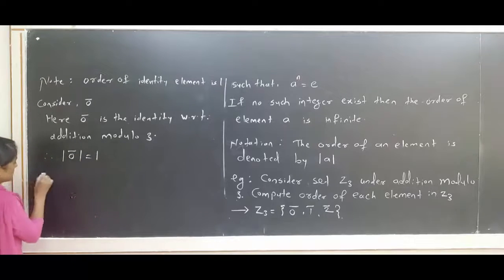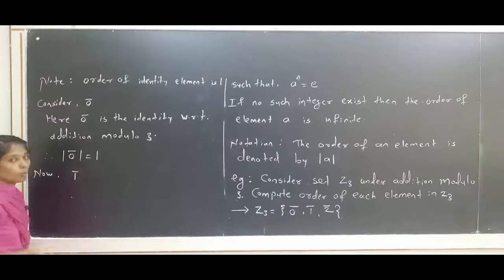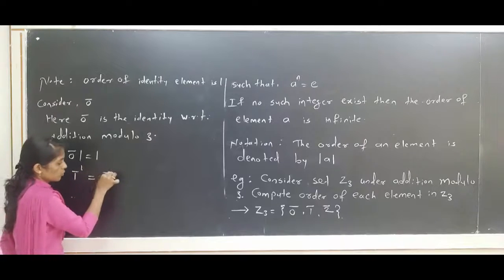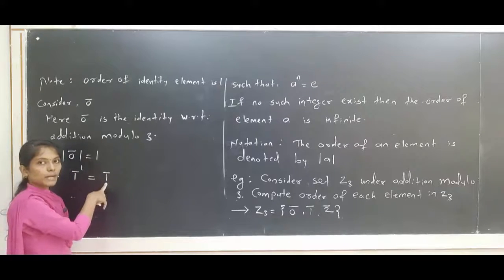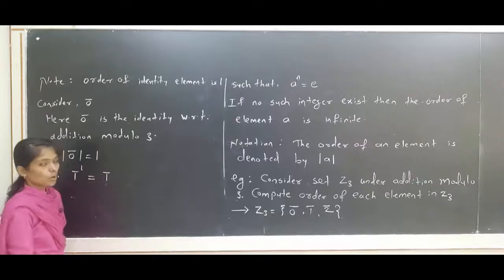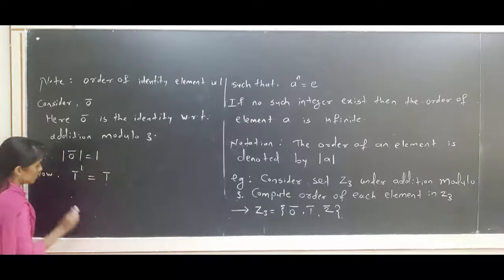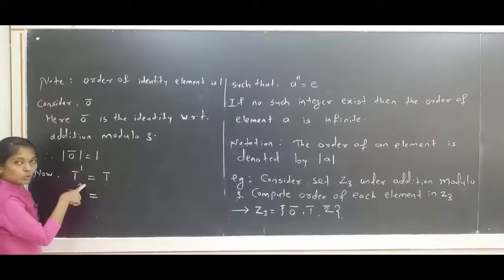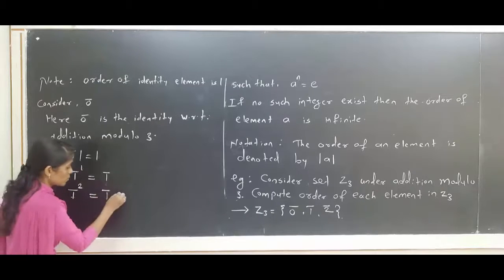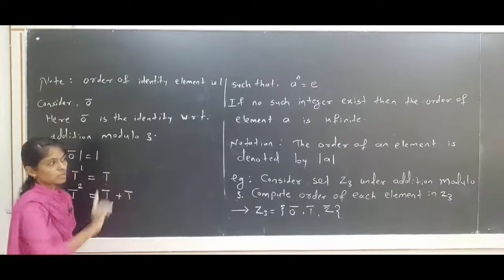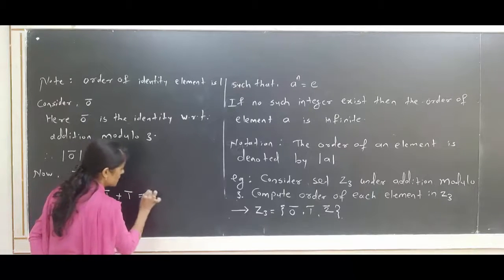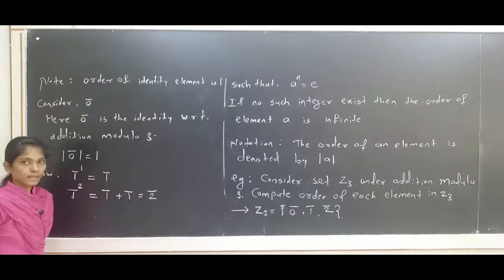Okay, now the next element. Now we consider element 1 bar. So 1 bar raised to 1 is equal to 1 bar, which is not equal to the identity. Hence 1 is not the order of 1 bar. Now we check the next power, 1 bar raised to 2. That is 1 bar plus 1 bar, since the binary operation is addition here. So 1 bar plus 1 bar is 2 bar, which is again not the identity.